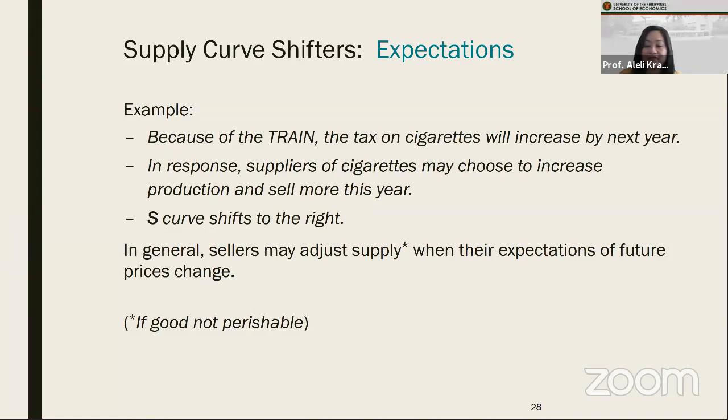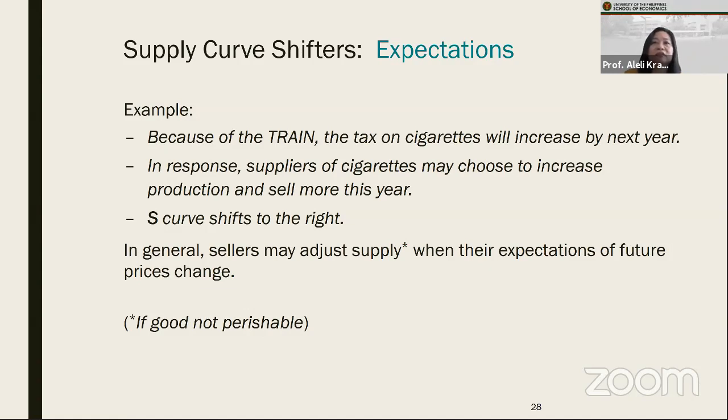This may explain the decision of firms to cut back supply even more in the present. So even now they're adjusting supply. In some cases, firms may even exit the market and therefore supply is reduced. So sellers may adjust supply when their expectations of future prices change. If they feel that prices will be less in the future, then they would shift supply to the left. They would decrease supply.